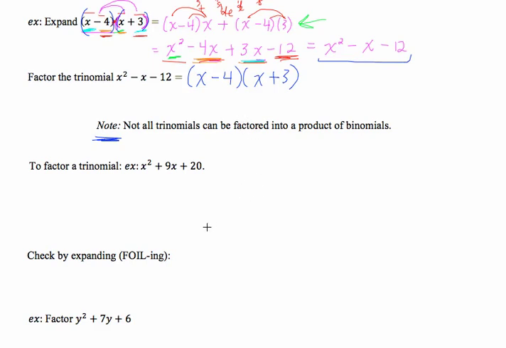Okay, let's start with an example. Now, how do you factor? When you factor a trinomial, if it factors, it'll always factor into a product of two binomials like this. Here we have a trinomial, three terms.